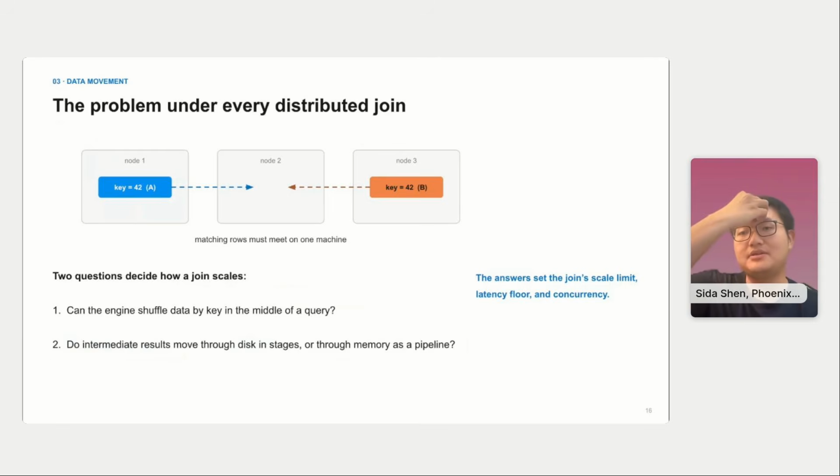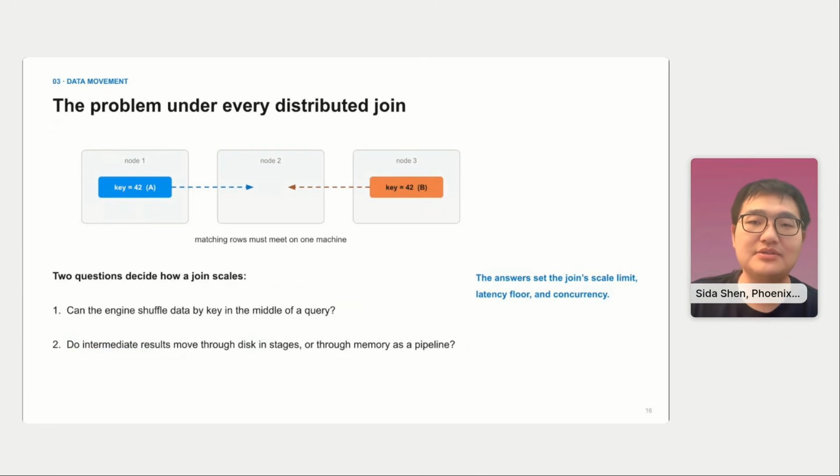So the problem under every distributed join, because with the amount of data we have today, is that basically every join has to be distributed, because even a smaller table doesn't fit into the memory of your instance every single time, right?